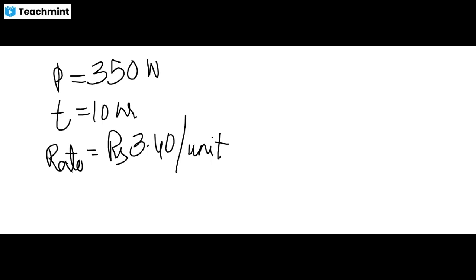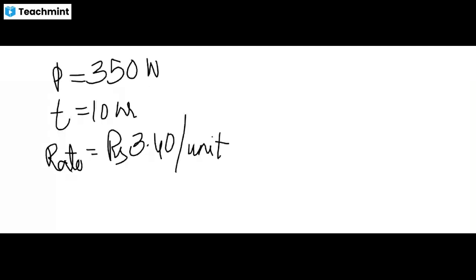Power is given in terms of watt, so the unit of energy you should always write in kilowatt hour. So you should first convert power in terms of kilowatt. 350 watts, to convert that to kilowatts, divide by 1000, so 0.35 kilowatt.